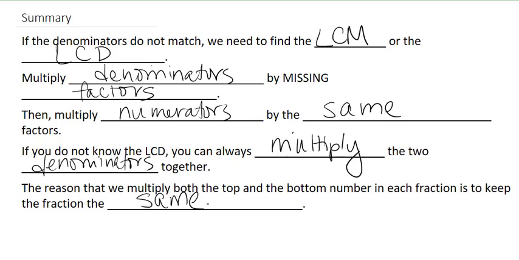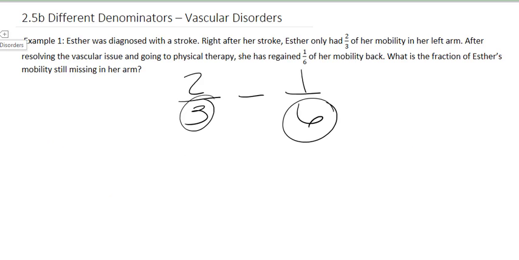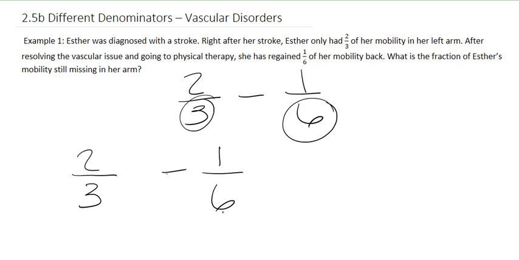So let's apply all of this back to our problem. So we have 2/3 minus 1/6. So we will need to get the common denominator. So we know that 3 and 6 share a common factor of 3. So to get from 3 to 6, we would just need to multiply it by 2.